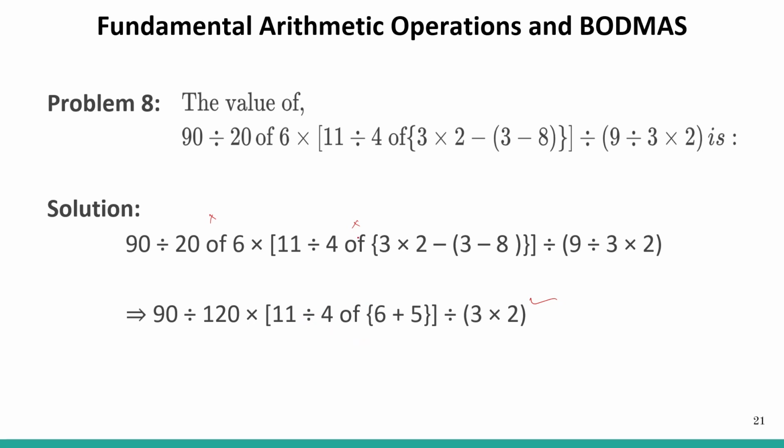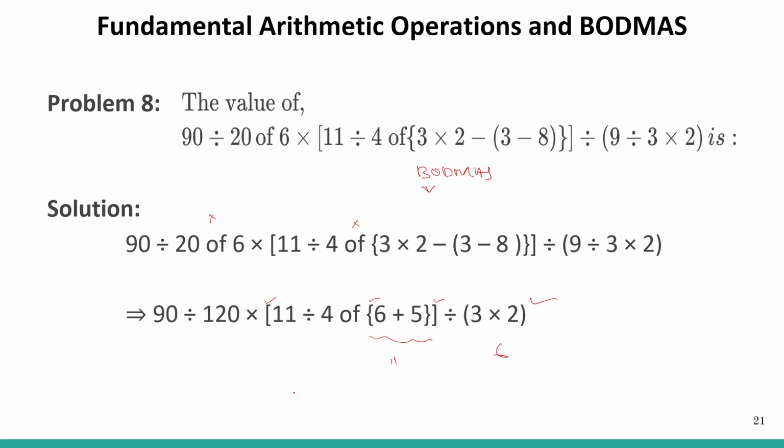First we simplify brackets. Where are the brackets? Here, here, and here. We simplify the innermost ones first. So this bracket first: 6 plus 5 is equal to 11. We simplify this. And 3 plus 2 is 5, I mean, this is 6.